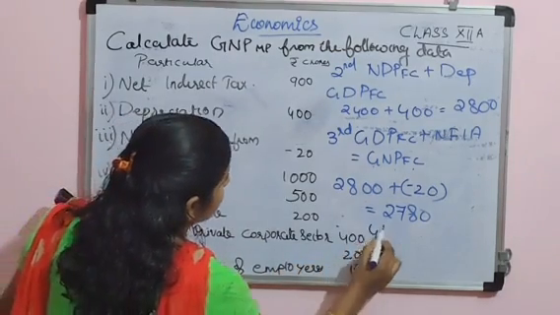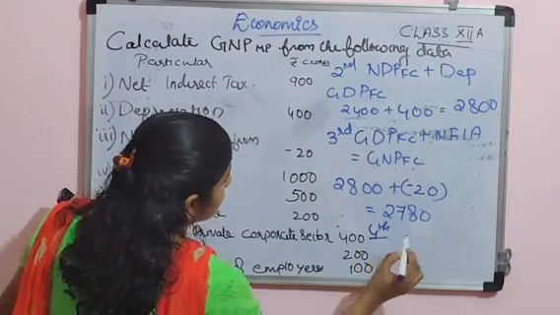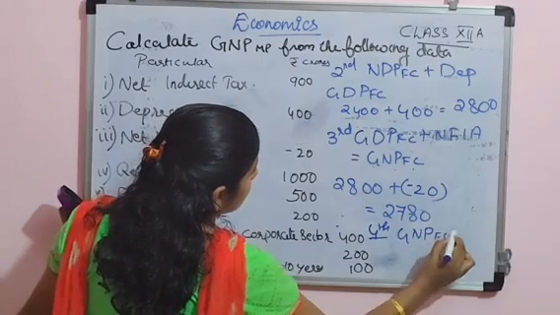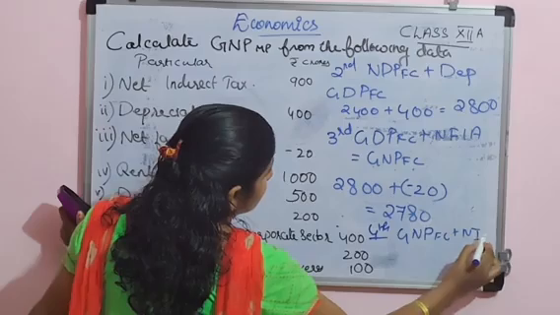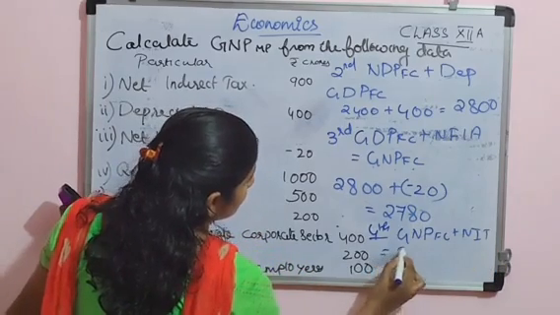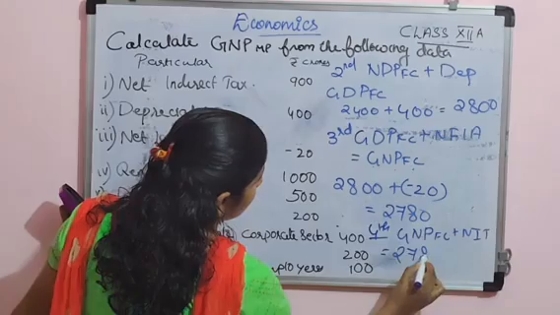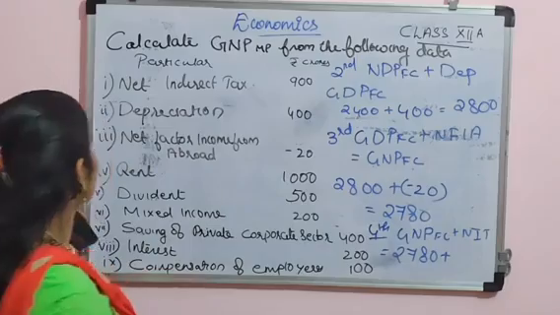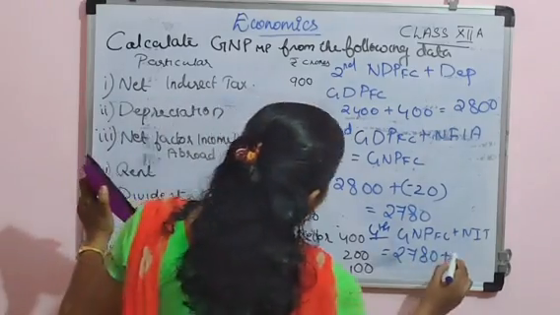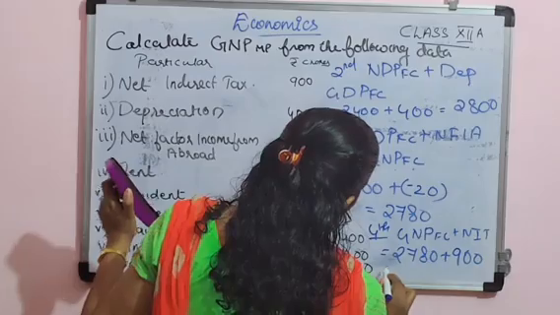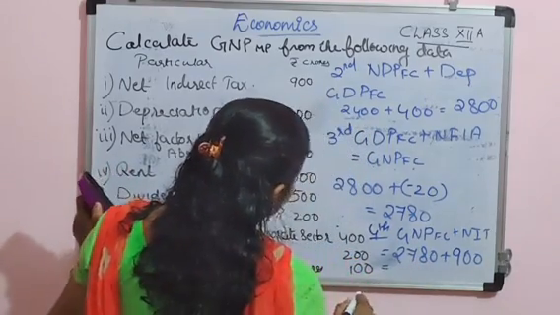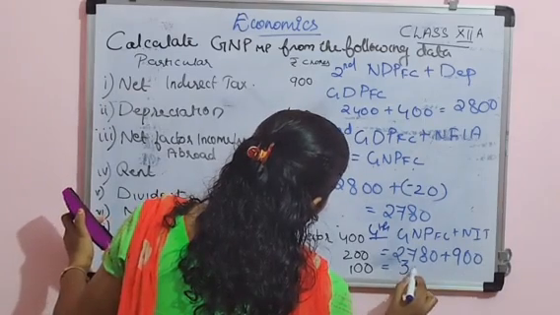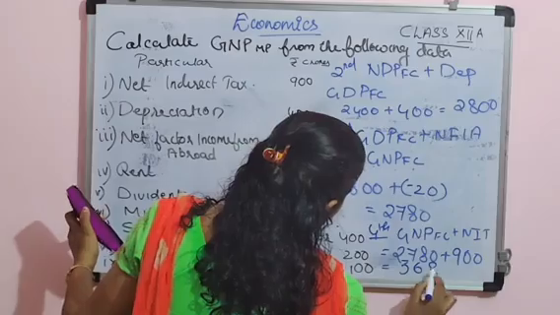So I am writing the fourth step, step number 4, that is GNPFC plus net indirect tax. So that is 2780, that is GNPFC, plus net indirect tax. Where is net indirect tax? That is 900. So when we add this, we will get 3686.